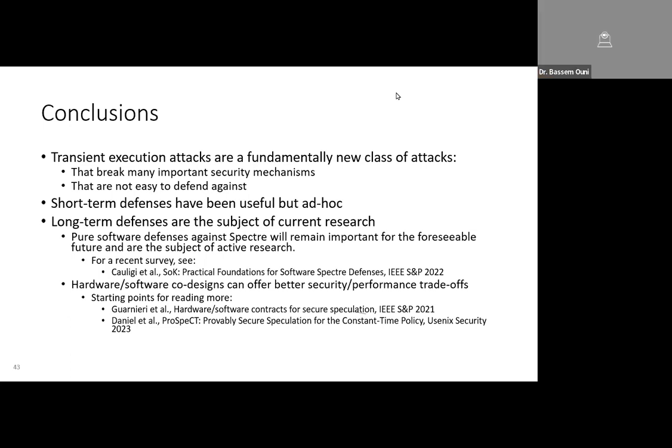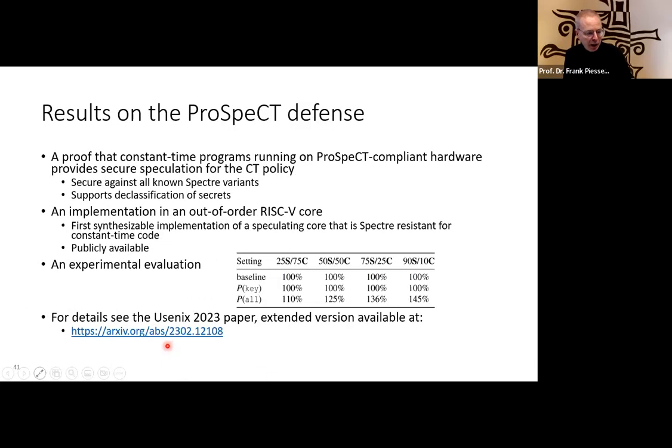And I see the second question: share the implementation. Yes, absolutely. If you find our paper on arXiv, it has a pointer to the GitHub repository. The unprotected processor is already online. The repository with the protected processor is also there, but it's still being updated. The paper just got accepted two weeks ago, so if you want to look at the code, wait a couple of weeks.